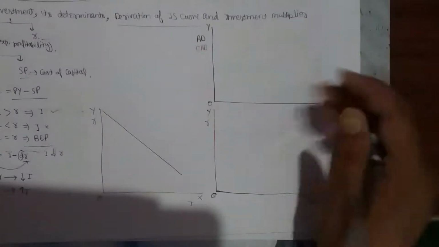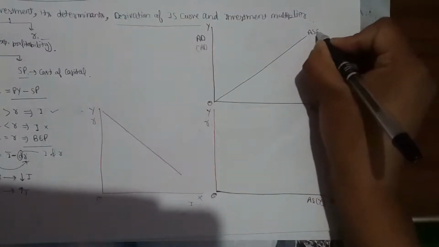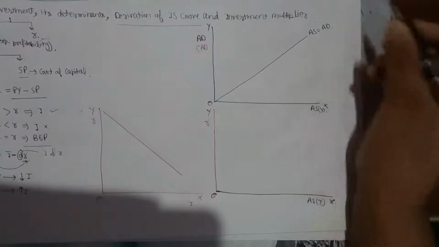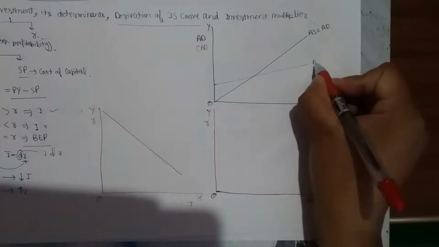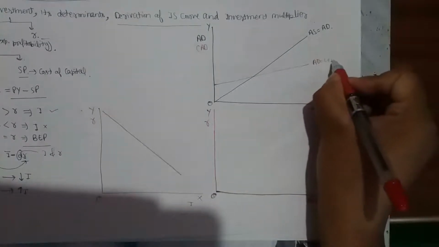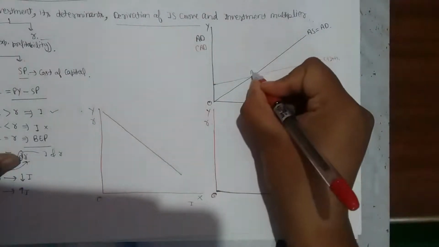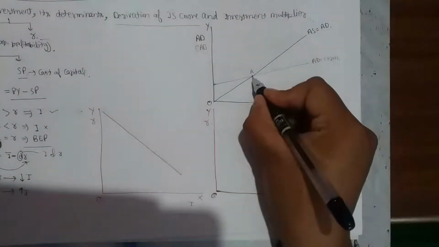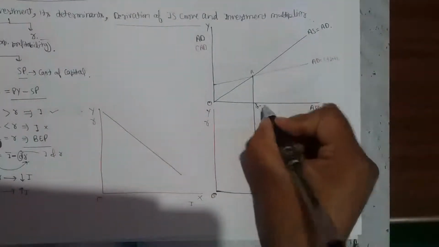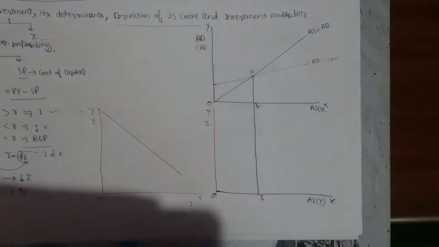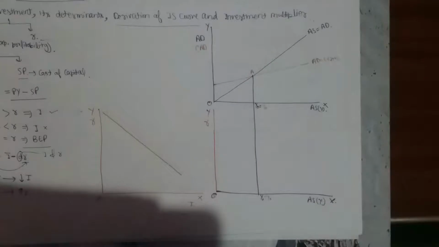Here take a 45-degree line. Aggregate supply is equal to aggregate demand, and aggregate demand is equal to consumption plus investment plus government expenditure. This is point A. At this point the level of income is y0, right?